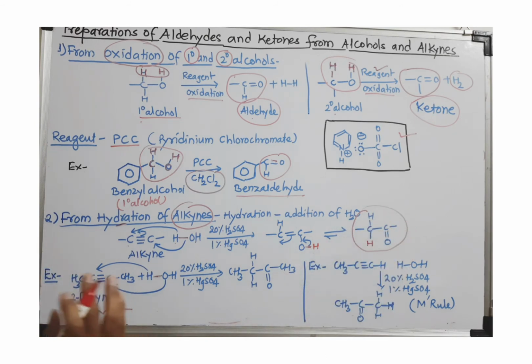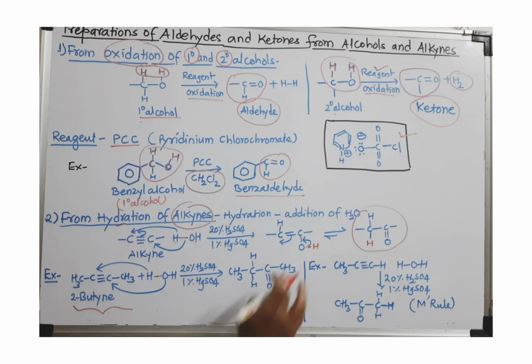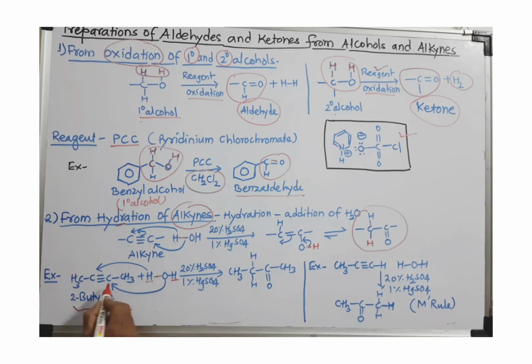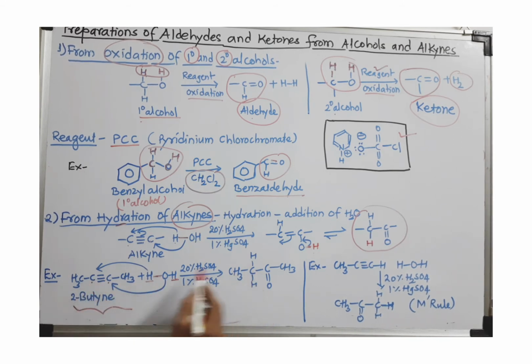But I have skipped that part. I have skipped this tautomerization part, and I'm going to tell you one trick. You have to join two hydrogens at one carbon and oxygen at another carbon by using a double bond. You can join two hydrogens at this carbon, removing two pi bonds.